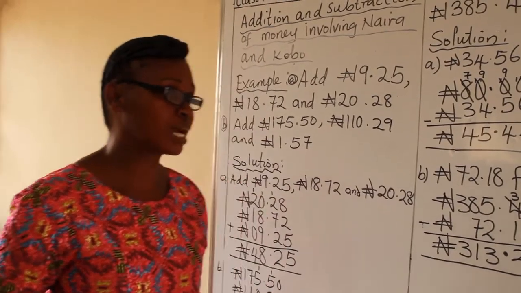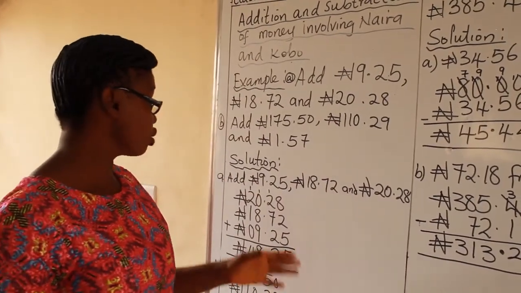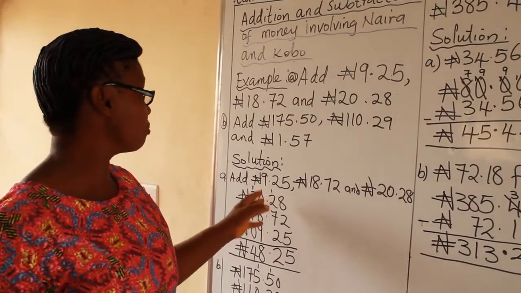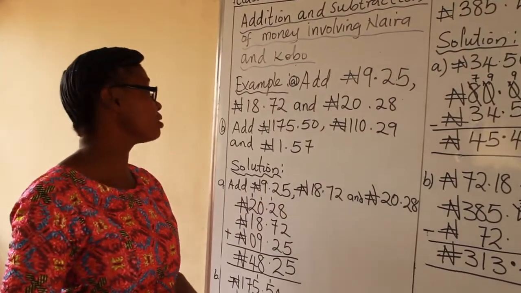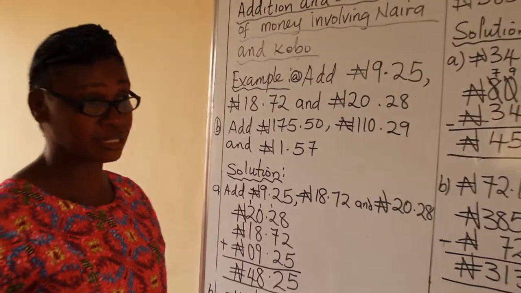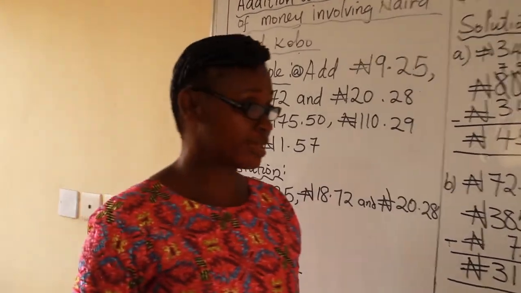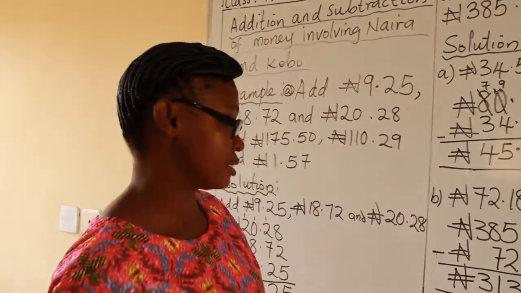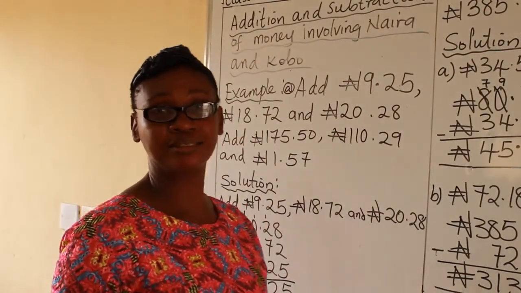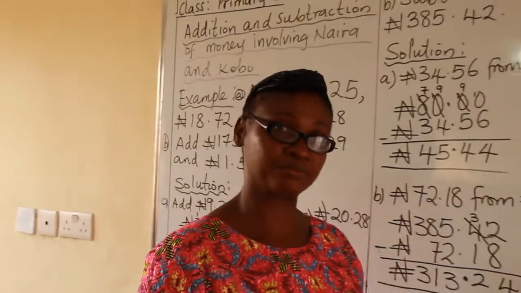We also looked at the denominations that we have, the different notes that we use in our currency here in Nigeria. We have 5 naira, 10 naira, 20 naira, 50 naira, 100 naira, 200, 500, and 1,000.